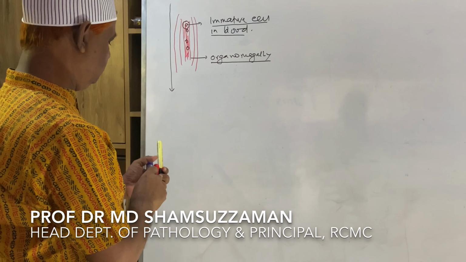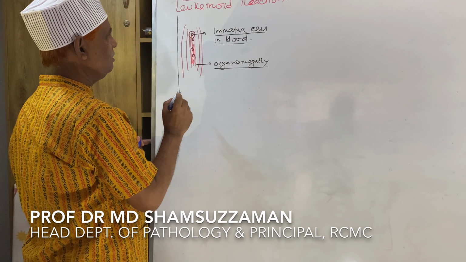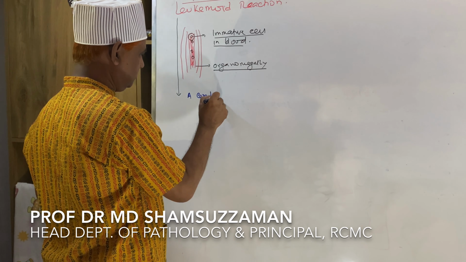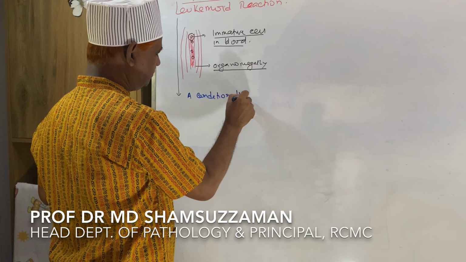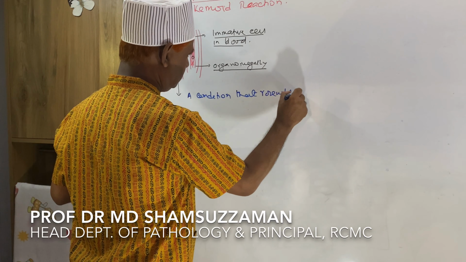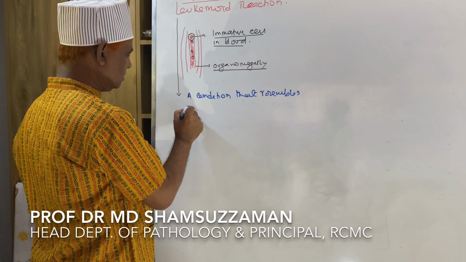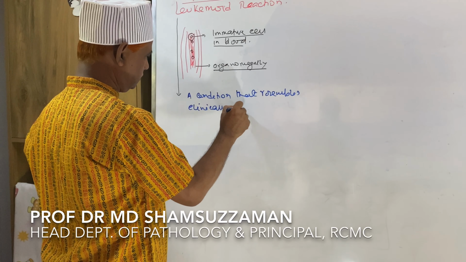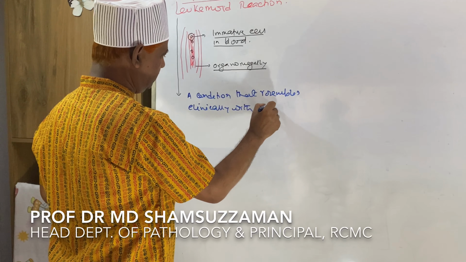First come to the definition of Leukemoid reaction: a condition that resembles leukemia clinically.